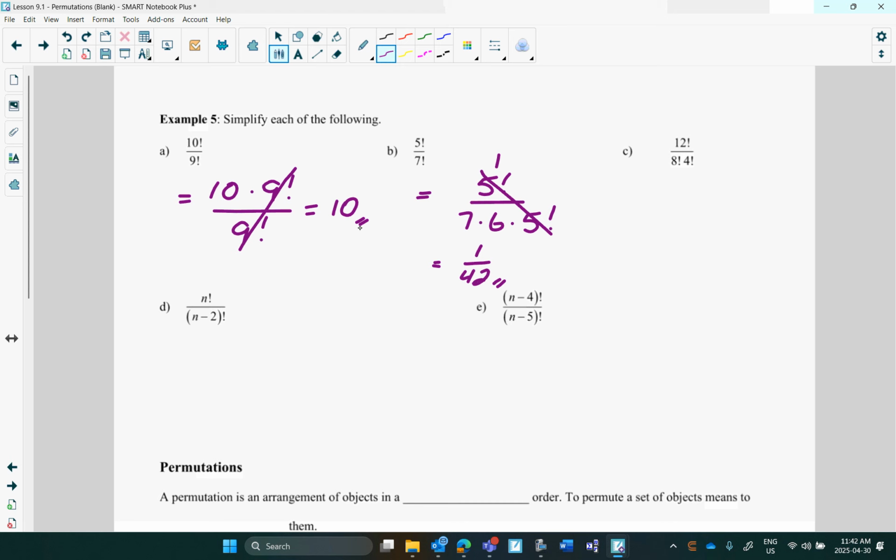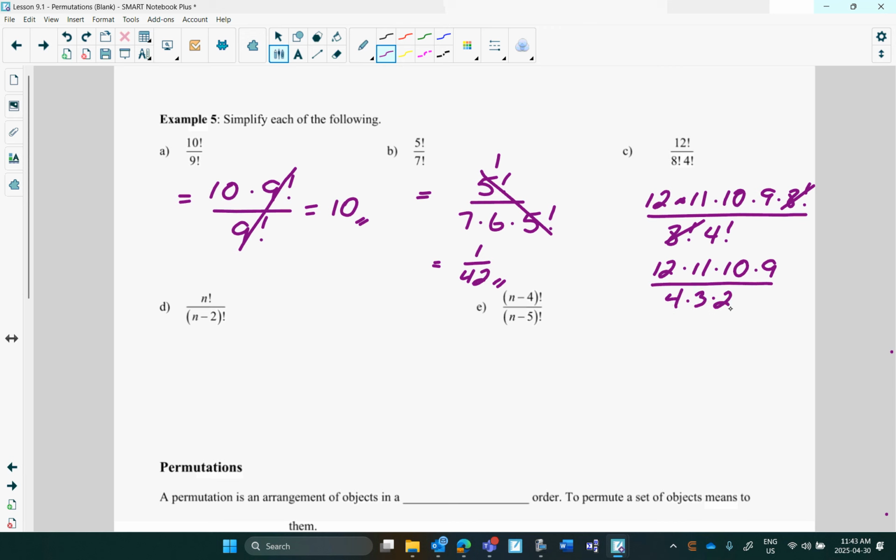This one, 12 factorial over 8 factorial times 4 factorial. Well, I could start doing this. 12 times 11 times 10 times 9 times 8 factorial, so I can cancel it with the 8 factorial on the bottom. Well, that's still a fair amount of calculation. That's still 12 times 11 times 10 times 9 over 4 times 3 times 2 times 1.